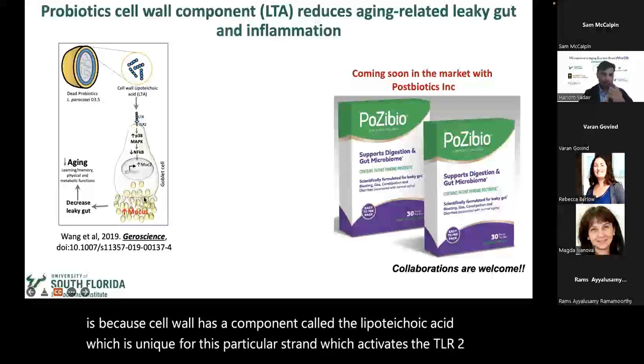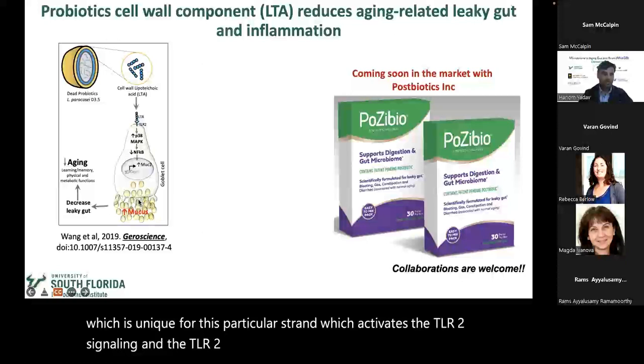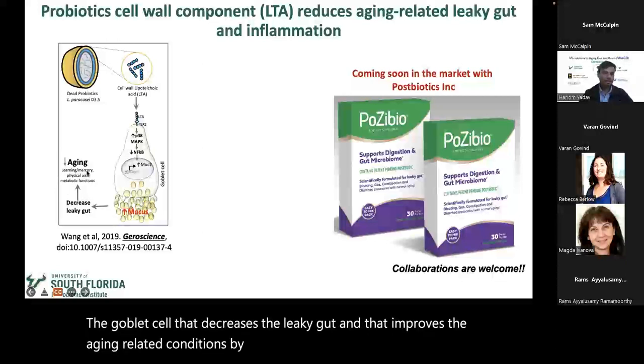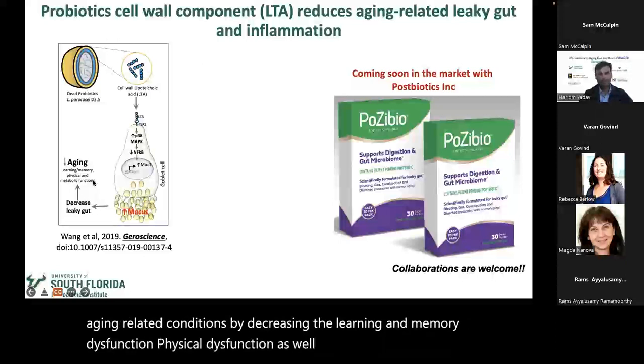TLR2 signaling initiates more mucus production in the goblet cells. That decreases the leaky gut, and that improves aging-related conditions by decreasing learning and memory dysfunction, physical dysfunction, as well as metabolic dysfunction.